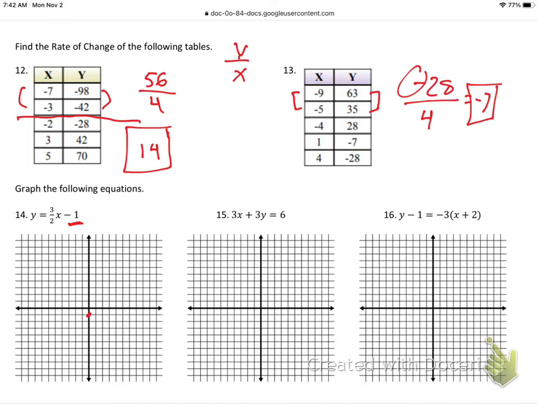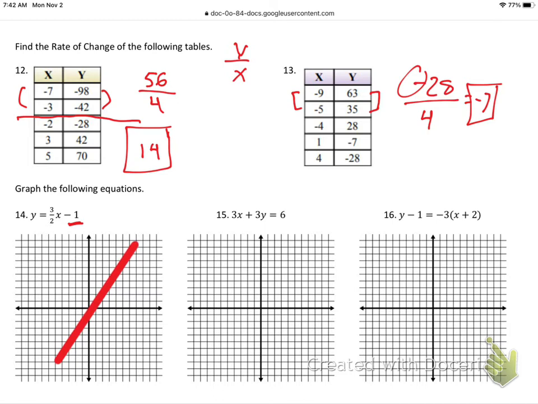My slope is +3 over +2, so rise over run: 1, 2, 3 over 2. And we can also reverse that, so it'll be down 3 to the left 2. Down 3 to the left 2, and then we can just draw our line.